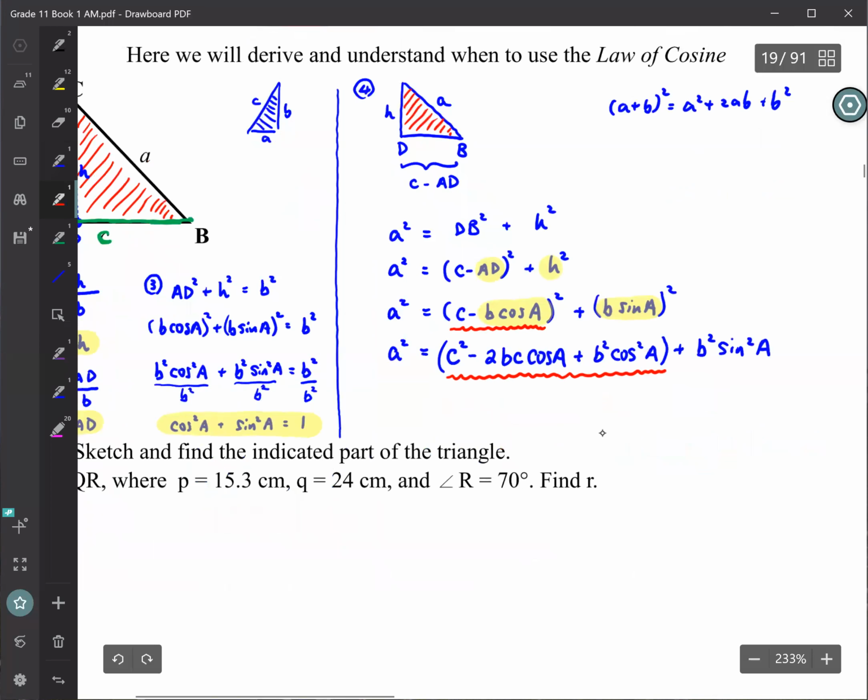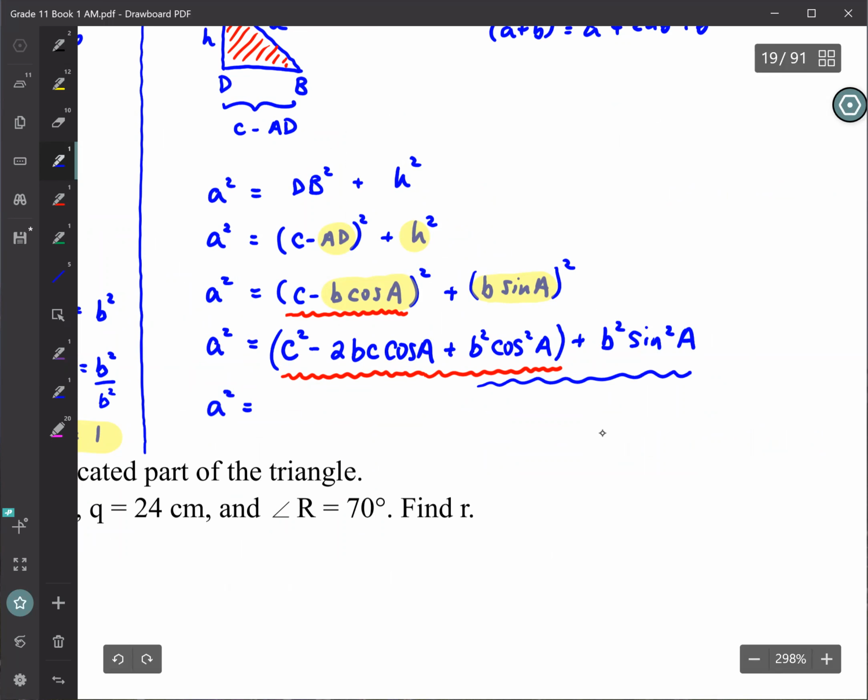So next part, we are going to rearrange a little bit. Okay, the square, the one at the back, I'm going to take away the brackets, right? Because the bracket doesn't really matter. Okay, doesn't think, just take it away.